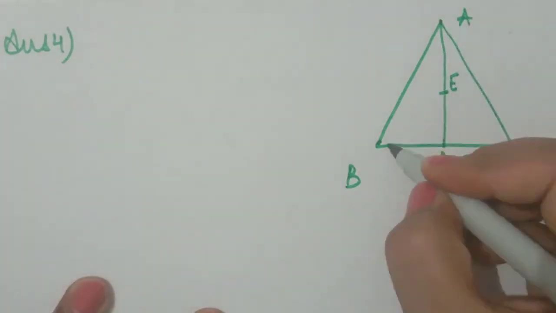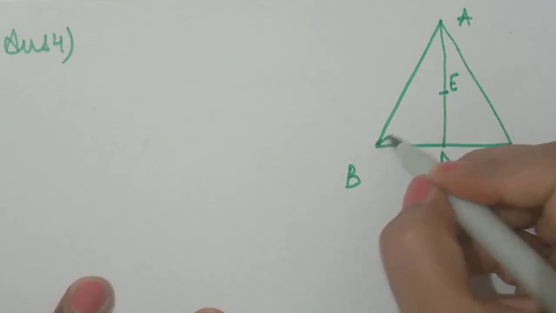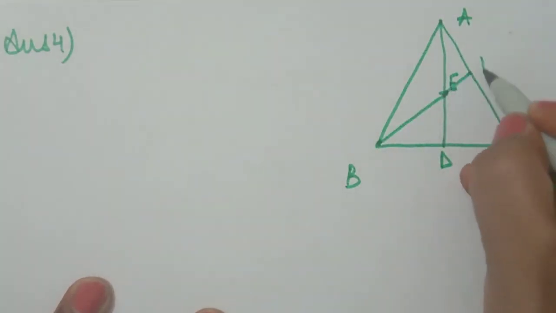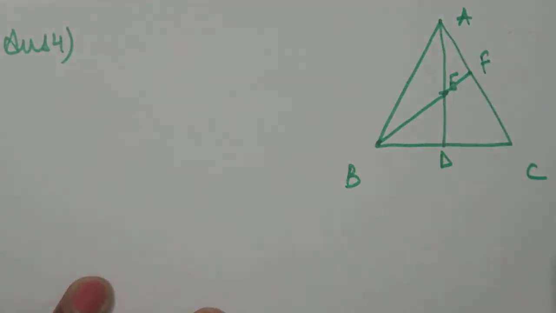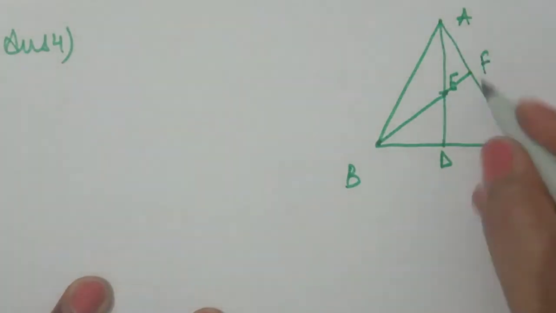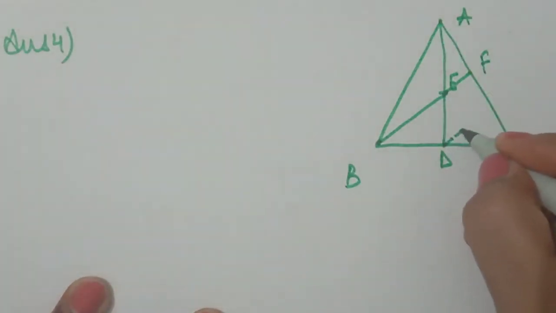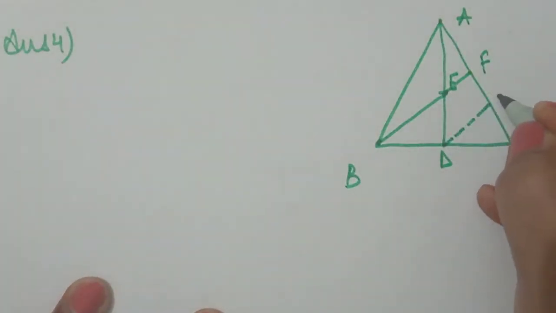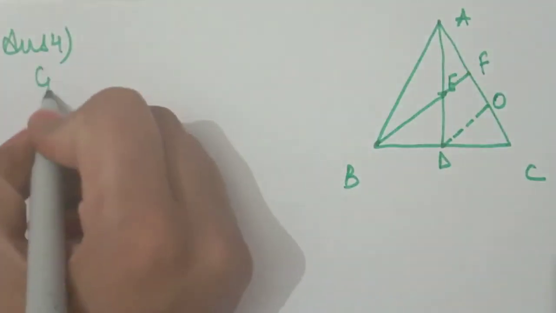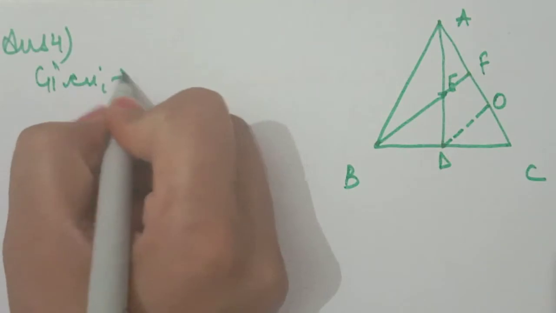And it says that BE is produced to meet AC at point F and show that AF is 1/3 of AC. So we have to draw a line, a little construction, DO, which is also parallel to BE. What is given in this question?